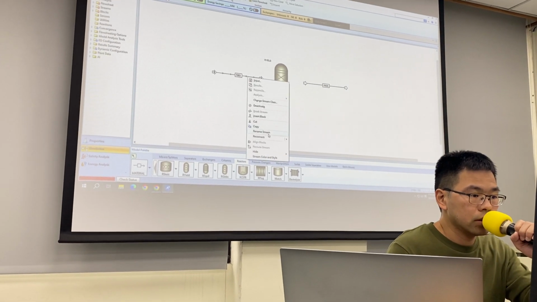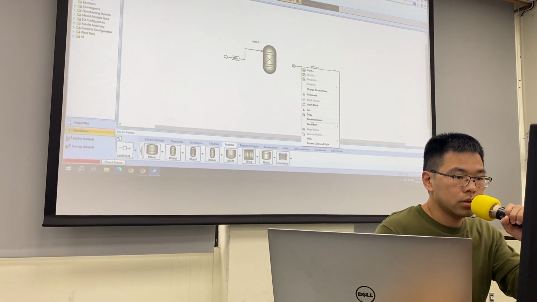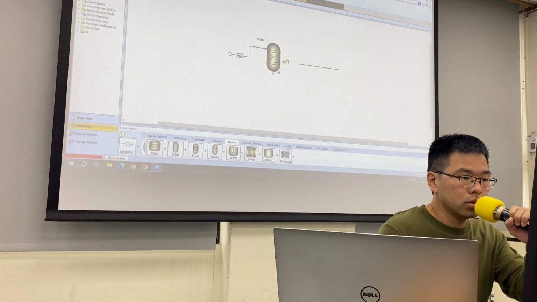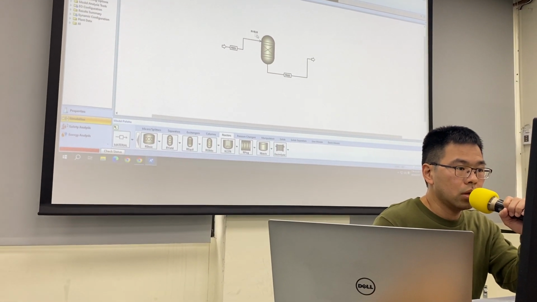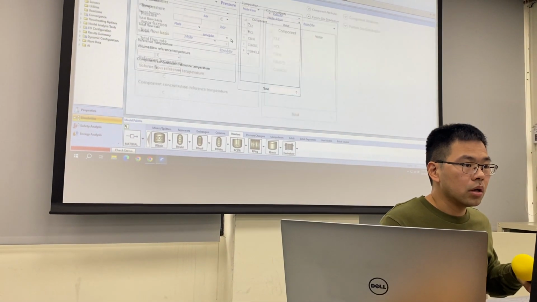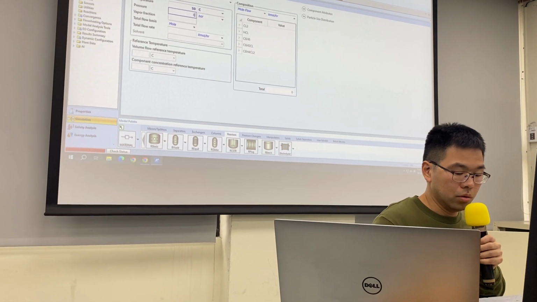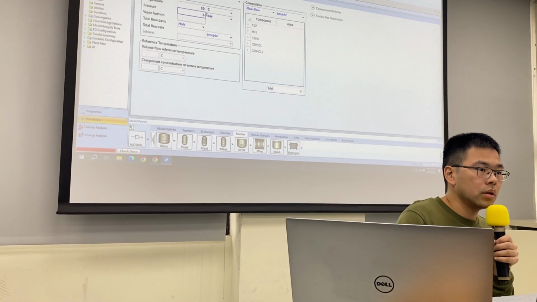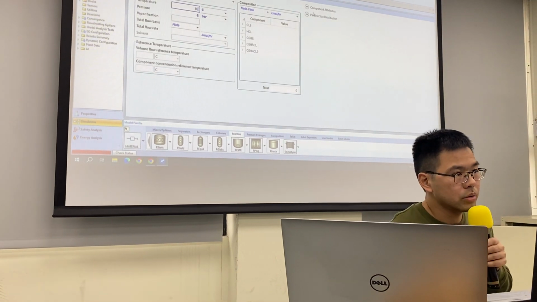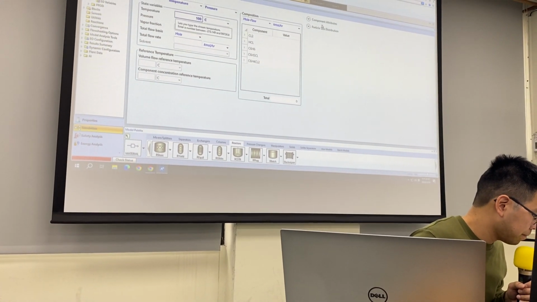Connect the feed and connect the destination, and then assign the feed.